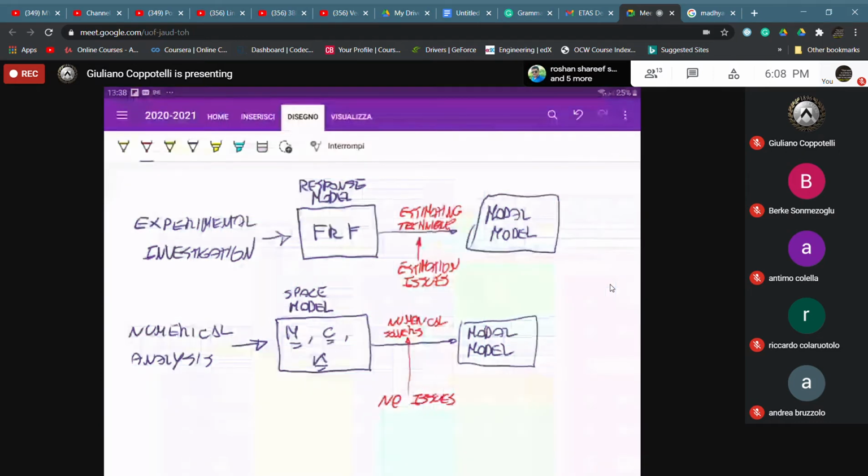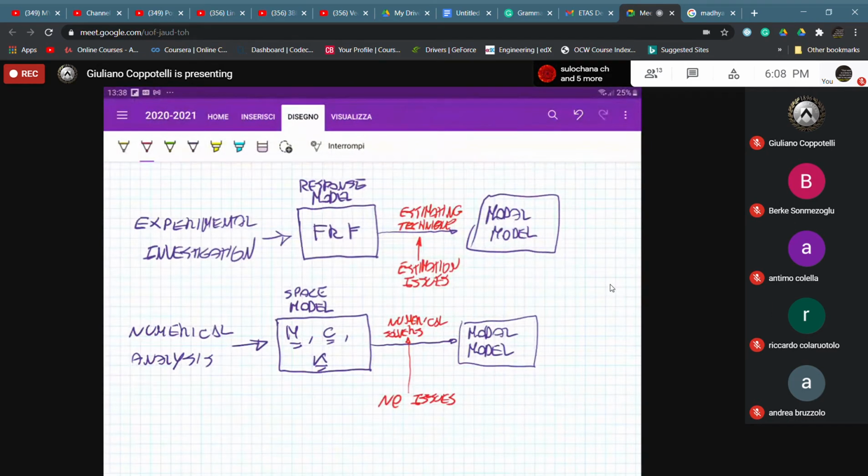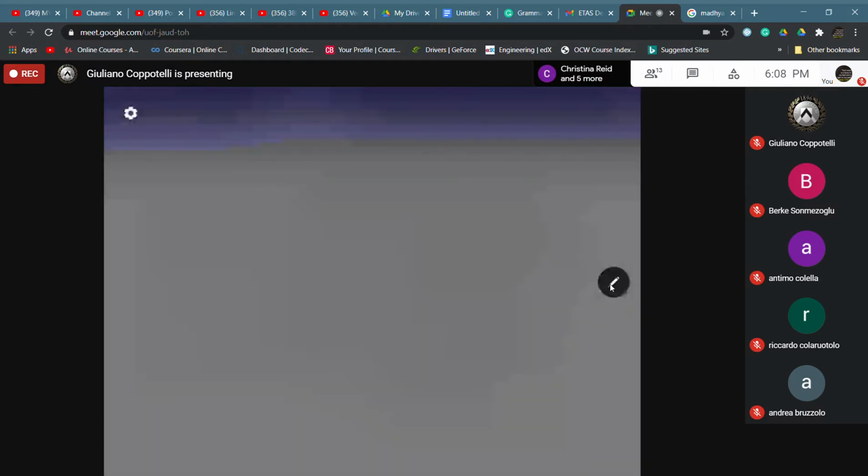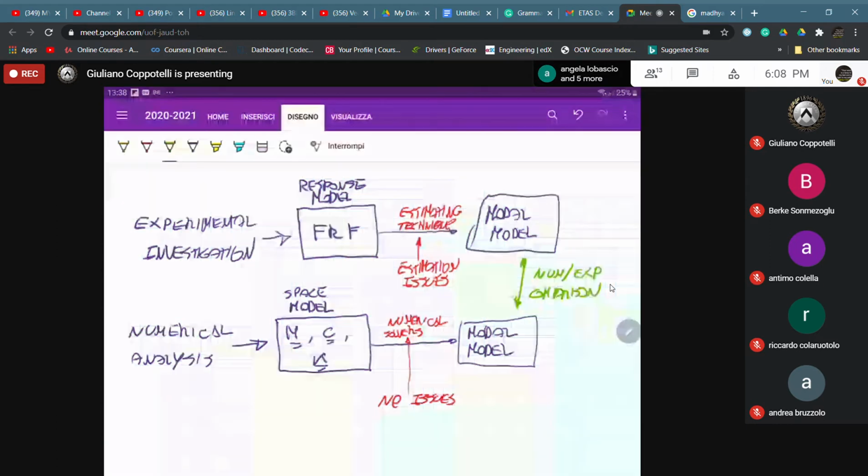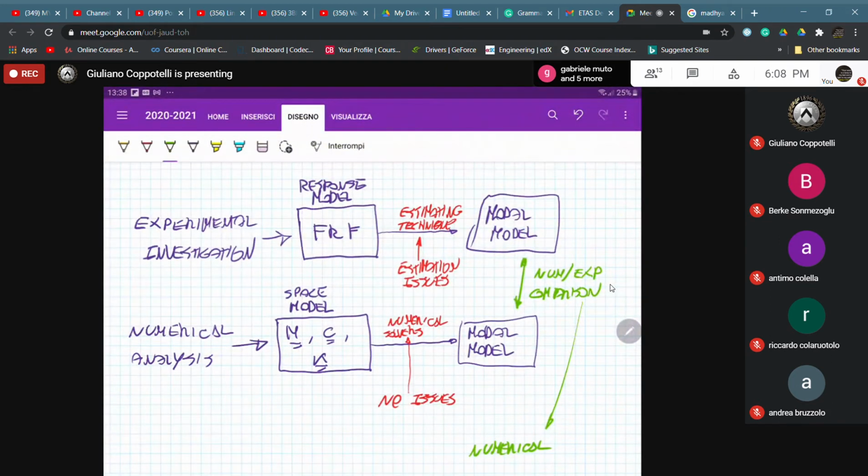Then you have to compare these two. Okay, and therefore you can compare these two, for numerical experimental comparison that leads to numerical assessment. Okay.